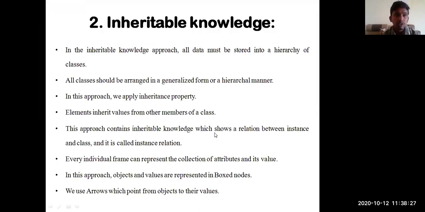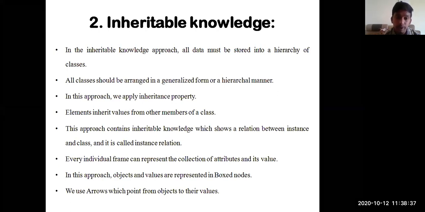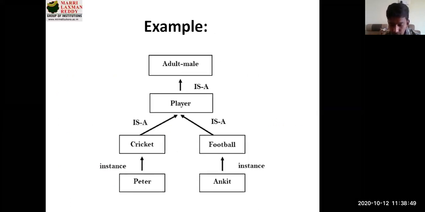Let's talk about the second approach, that is inheritable knowledge. How can we represent knowledge by taking into consideration the previous parameter? This is like the inheritance concept you have learned in OOPs. You'll be inheriting some concepts and ideas from the previous approaches. Let's try to understand it with this example.